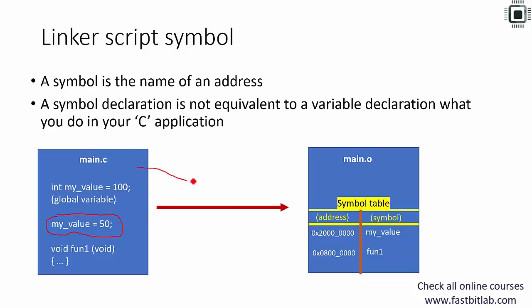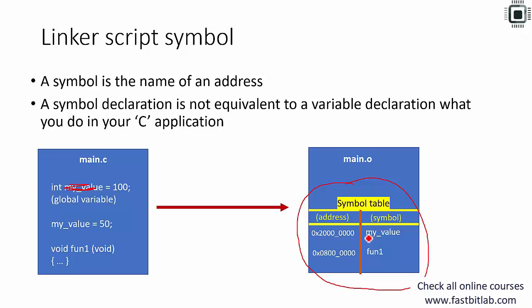When you compile this program main.c, you know that it will get converted into main.o. And in the main.o, the compiler maintains a table called symbol table. For the compiler, this is not a variable name. It's a variable name for you, for the programmer. For the compiler or linker terminology, we call it a symbol name.